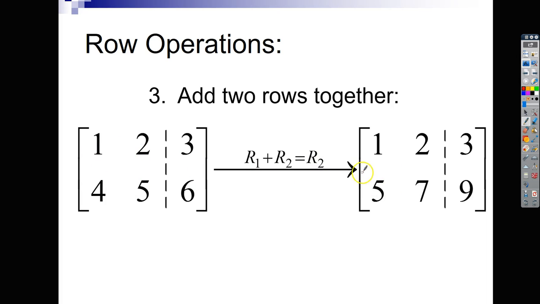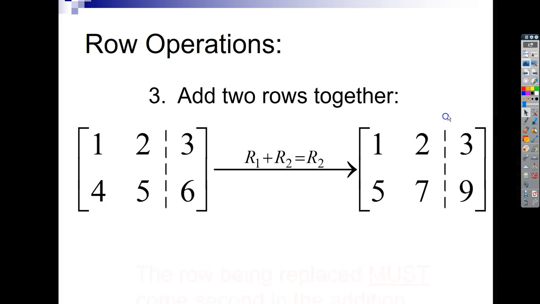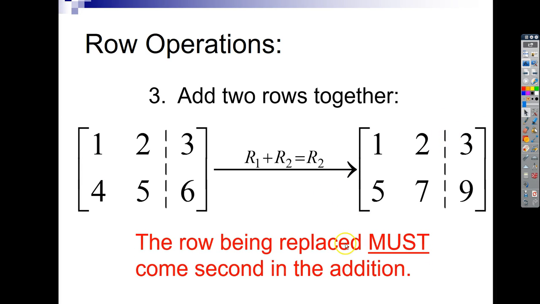So 1 plus 4 is 5. 2 plus 5 is 7. And 3 plus 6 is 9. And so that's just telling you to put it in row 2. Notice row 1 stayed the same. Okay, the row being replaced must come second in the addition.